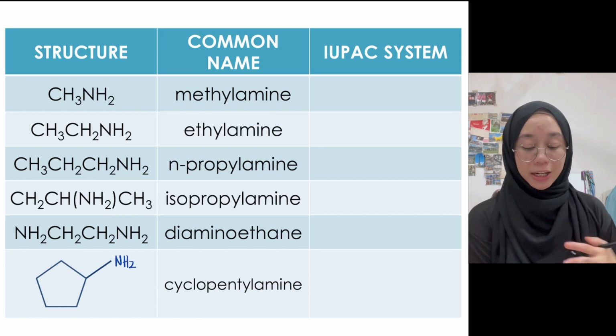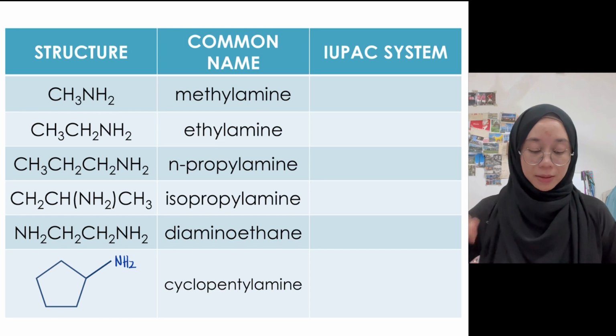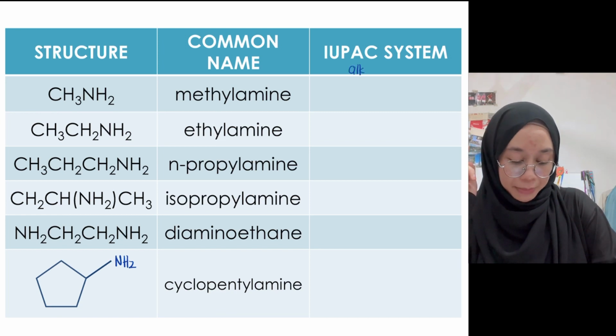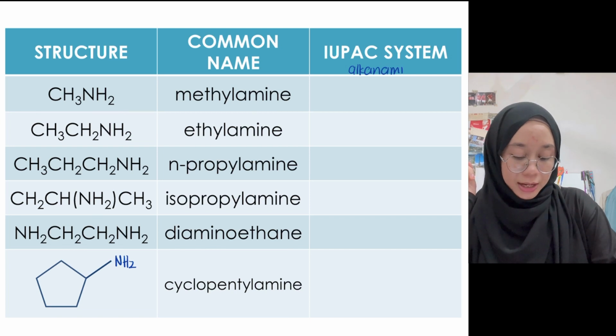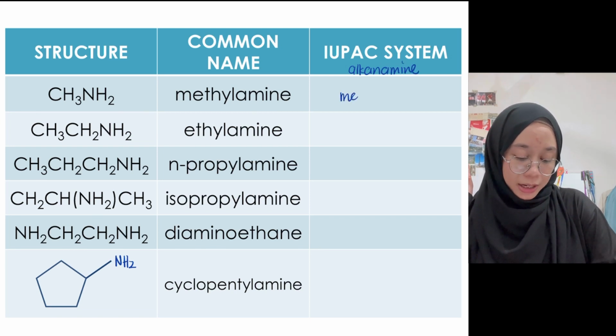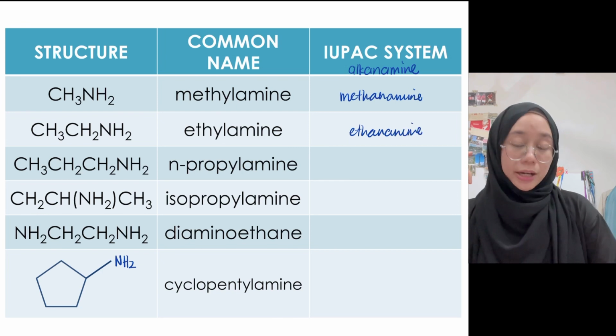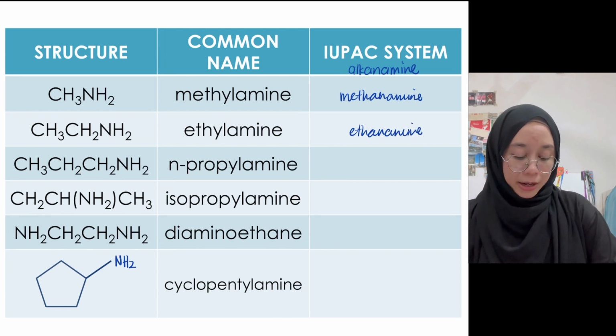Okay, and then now kita nak tengok IUPAC system dia. So IUPAC system dia nama dia akan jadi alkanamine. Alkanamine. So kalau ada 1 je carbon, meaning nama dia adalah methanamine. Kalau ada 2 carbon, nama dia adalah ethanamine. So kalau ada 3 carbon pula, nama dia adalah propanamine.